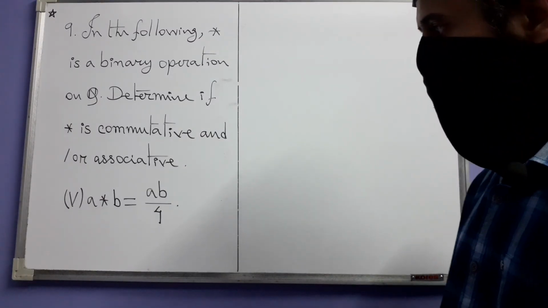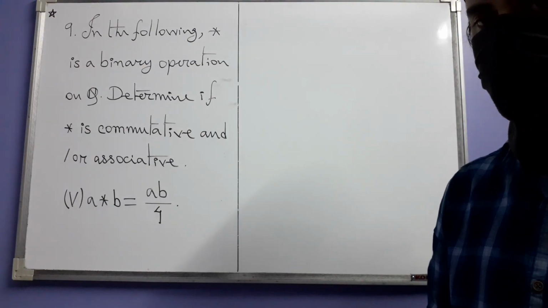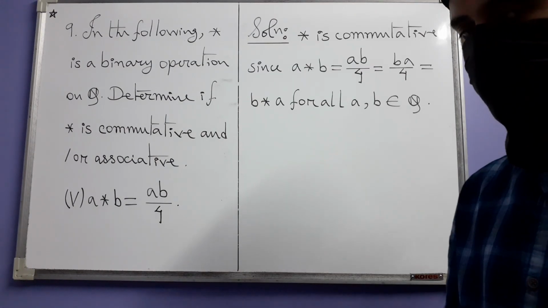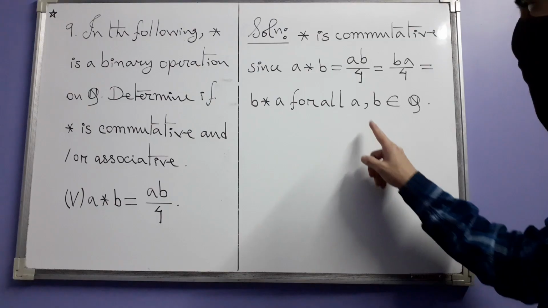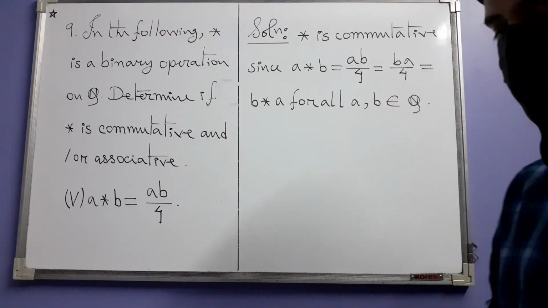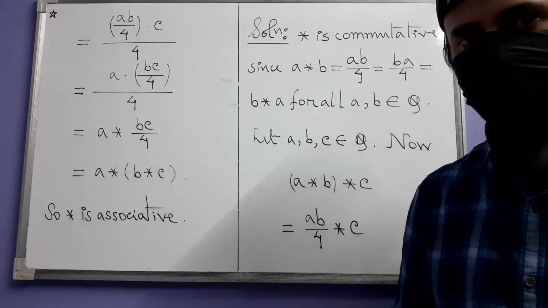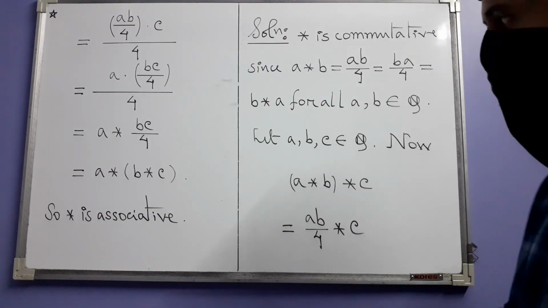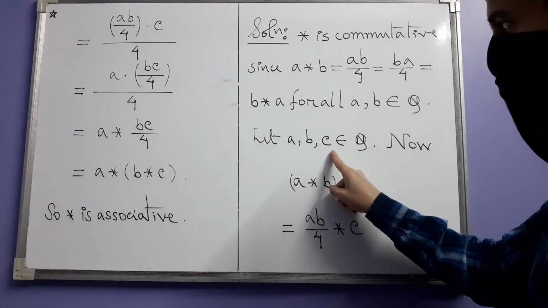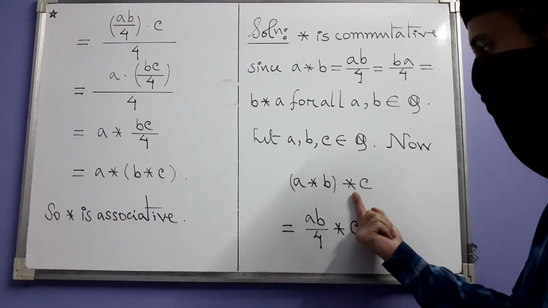Next, number 5. Here a star b is ab divided by 4. Star is obviously commutative because for any two rational numbers a and b, ab over 4 and ba over 4 are the same. Now this time the operation is associative, and to prove that, we take any three rational numbers a, b and c and consider this product a star b star c.